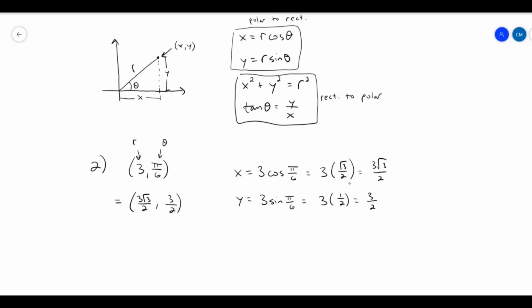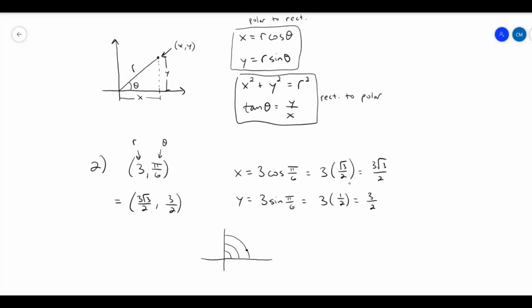And you can see that this seems to make sense, because if I'm talking about a point with a radius of 3 and an angle of pi over 6, here's radius 1, 2, 3. Pi over 6 is a pretty shallow angle. It would be about right there. That would be the point.